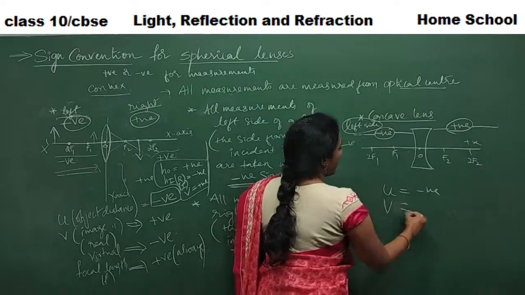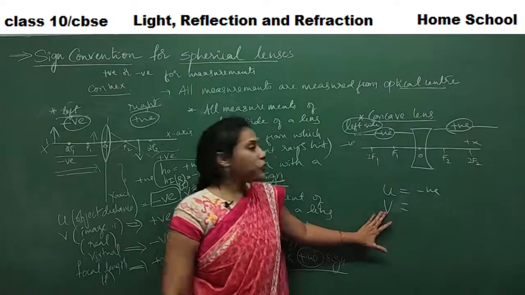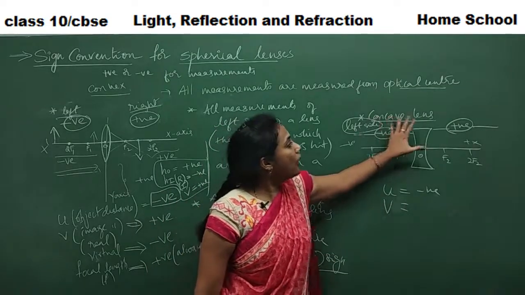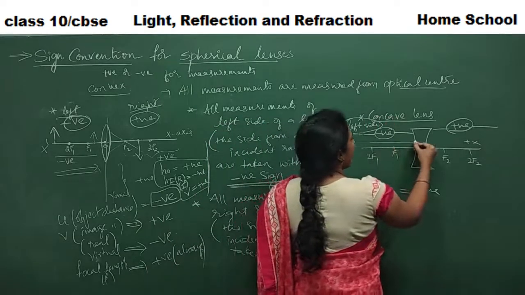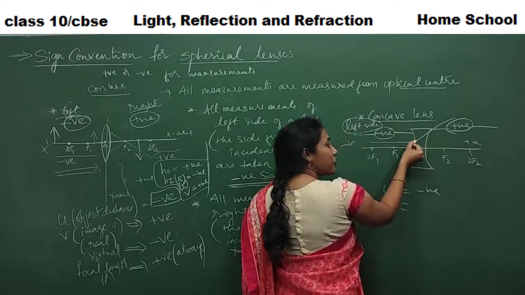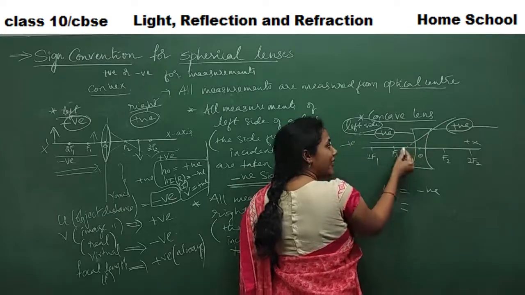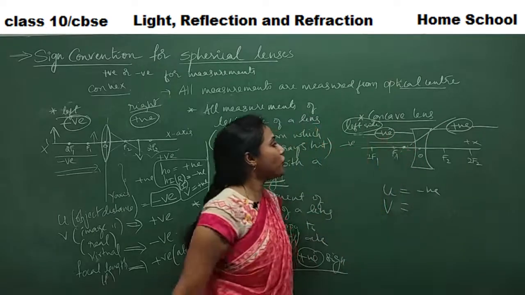And what about the v value? That is the image distance. So where will the image be formed in the case of a concave lens? Do you remember? Incident rays actually diverge, so we have extended the refracted rays this side. Wherever they were meeting, at that point the image is formed.